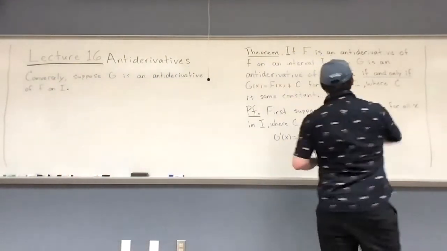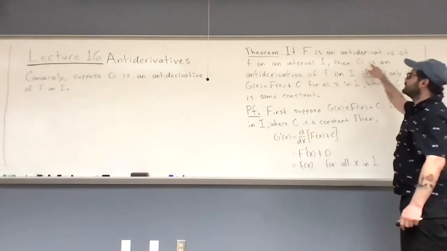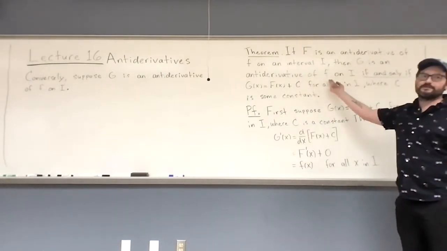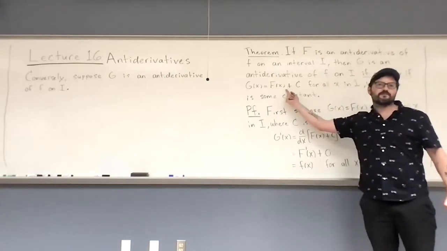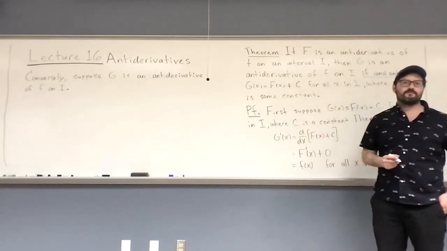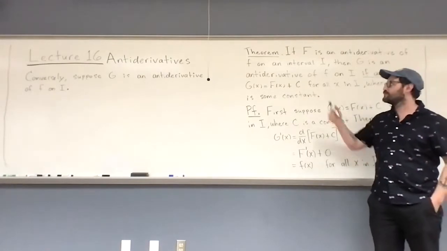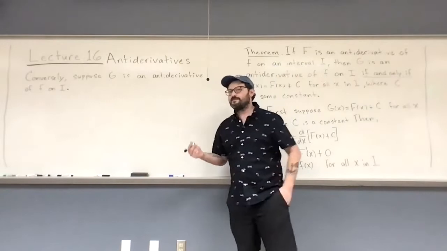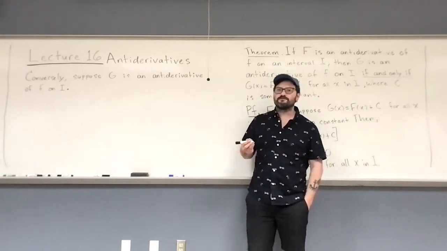So now we're assuming this part. g is an antiderivative of f. And we want to, under that assumption, get that that must be the case somehow. Okay. We're logically proving this theorem. Now here, there's a little bit of cleverness, I suppose, that we have to introduce.